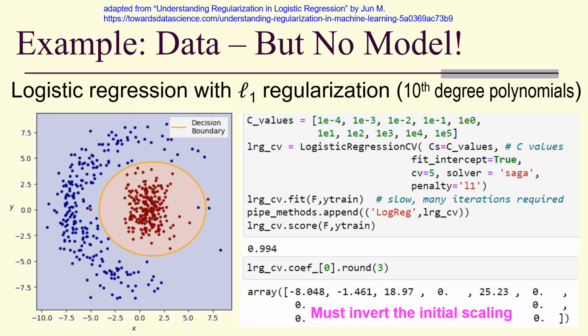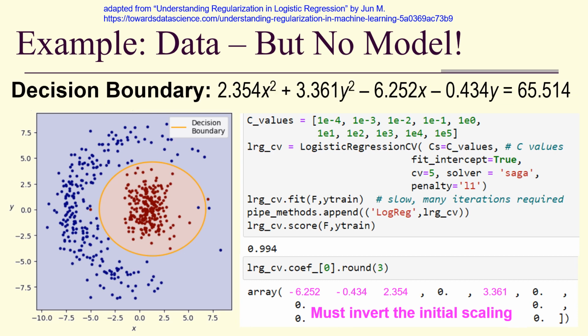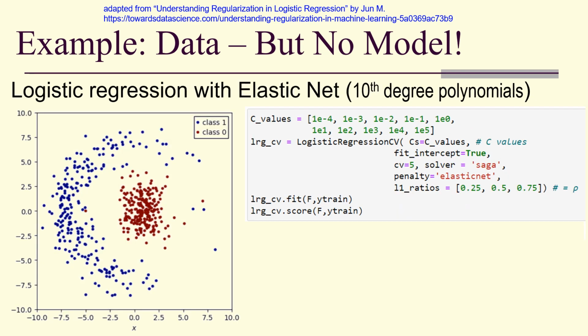So we have to invert the initial scaling. So remember, we actually did a min-max scaling. And when we invert that, we get these values. And that gives me a decision boundary that looks like this. So it's an ellipse. We could also have done elastic net.